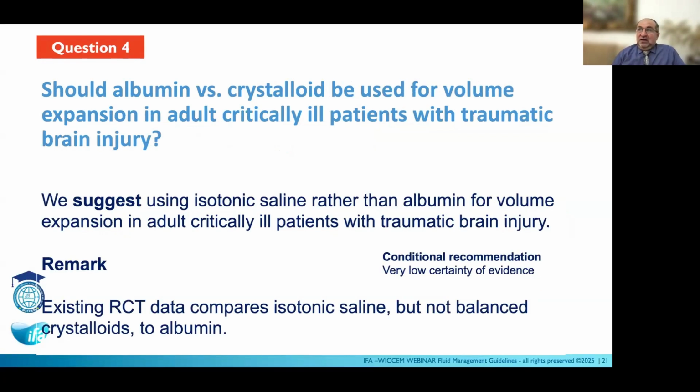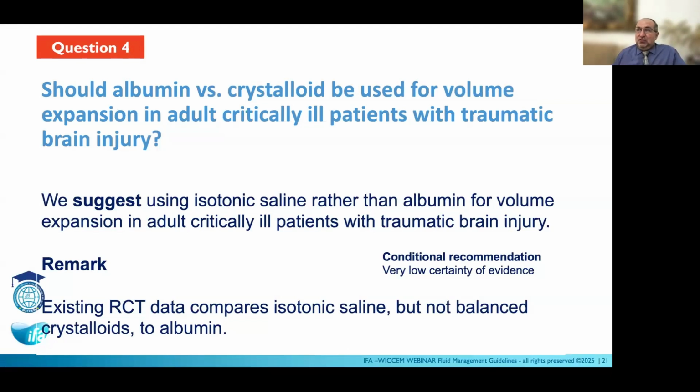But we have the SAFE trial, and subgroups from the SAFE trial showed harm with albumin. When we evaluated the evidence for this question, we found only the data from the SAFE trial. And this SAFE trial showed that mortality was higher with albumin compared to normal saline or isotonic saline.